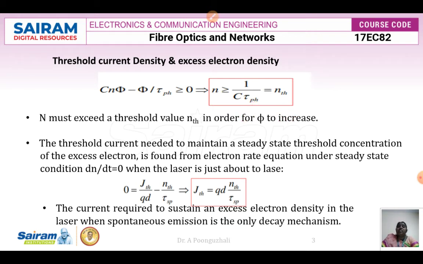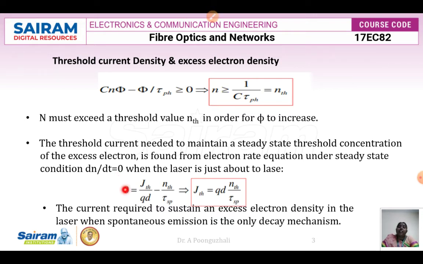Next, we are going to define the threshold current in terms of the electron rate equation. The threshold current needed to maintain the steady state threshold condition of the excess electrons is found from the electron rate equation. Under steady state condition dN by dt is going to be 0.